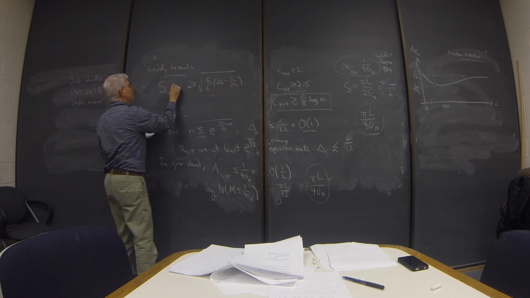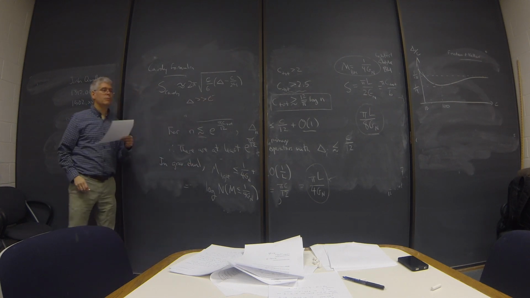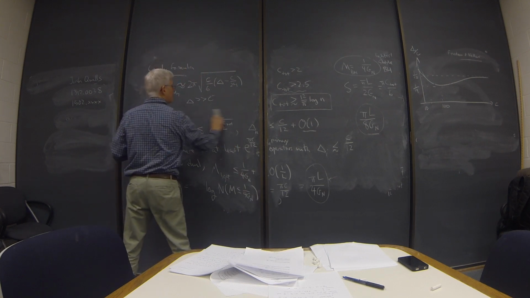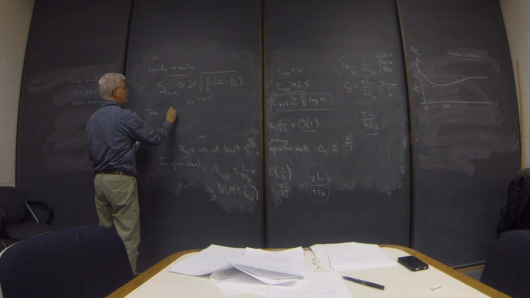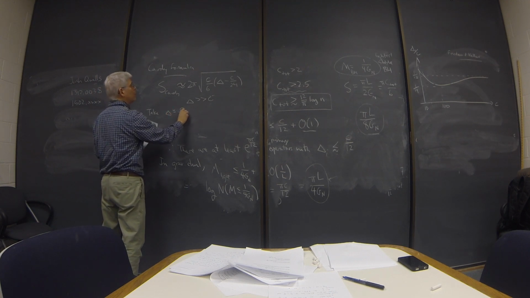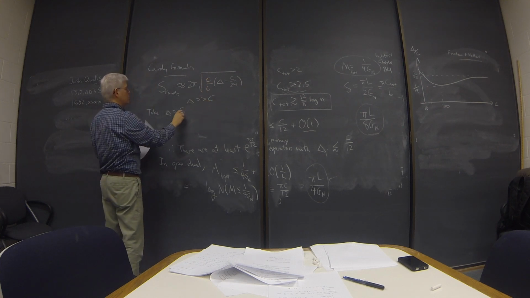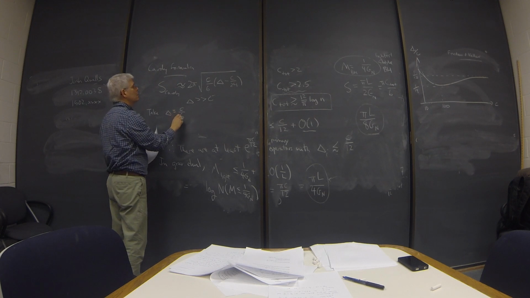This is valid for delta much larger than c. So let's push it to the border and say delta is order c. In this formula, let's take delta equals c over 12, where this is the left-moving central charge, not the total central charge.